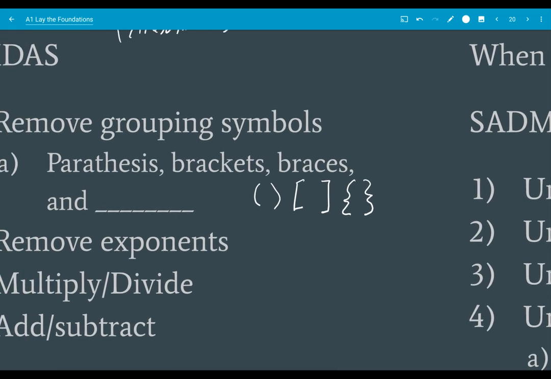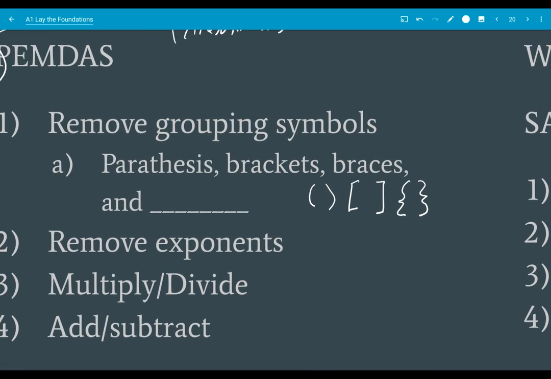See if you know what it is. But the missing one is also the square root symbol. The radical, or the British call it surds.